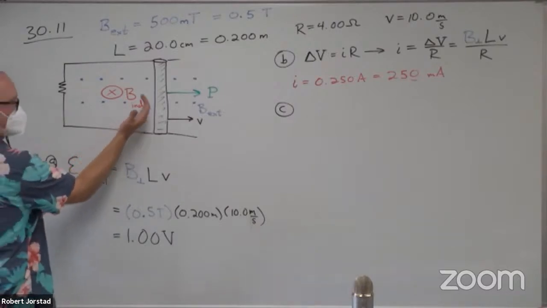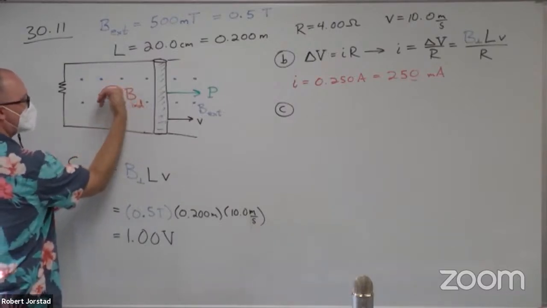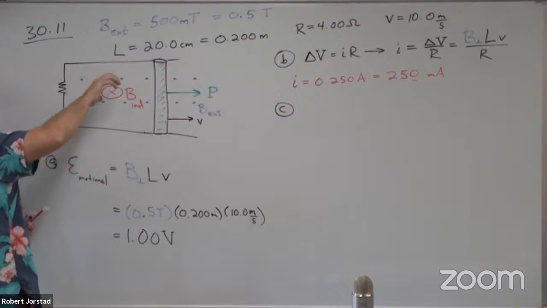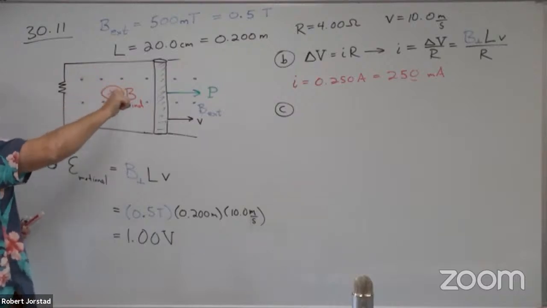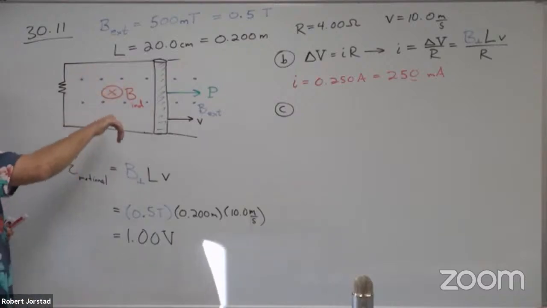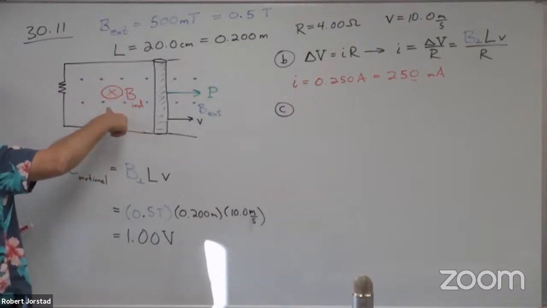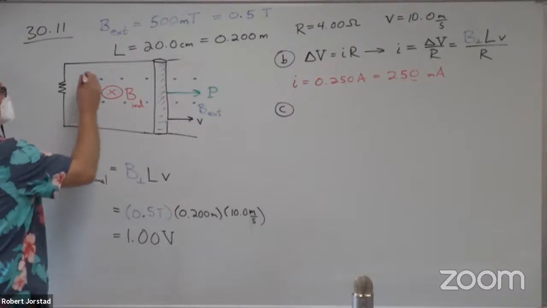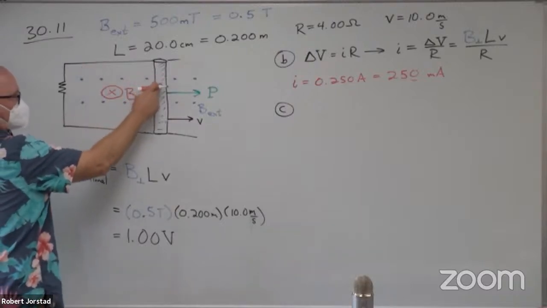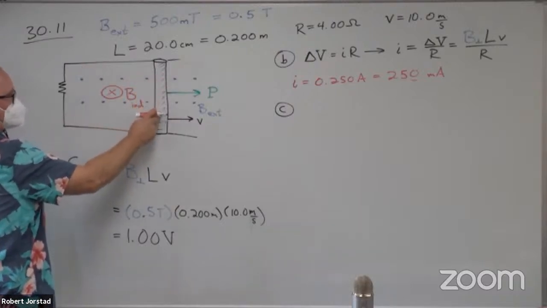Is it this way? Oh, no, other way. Is it that way? Yes. Thumb points into the page. Is that helping? No. Thumb out of the page. That would be a dot. Yes. Thumb into the page. That's an X. What direction does current flow in the rod? Up or down?